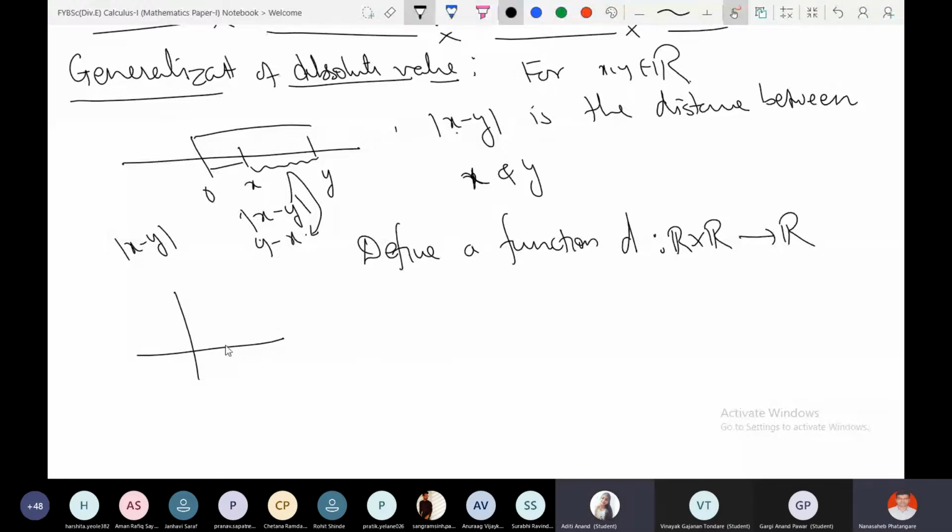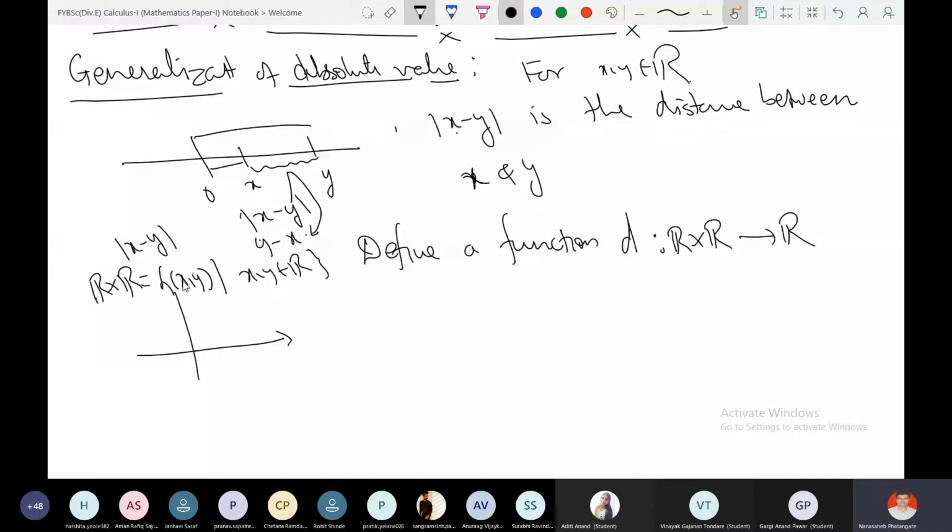Right. Now if I say R cross R, then what is it? All those pairs (x, y) such that x is from this R and y is from this R, but both are the same R, therefore x and y are real numbers.